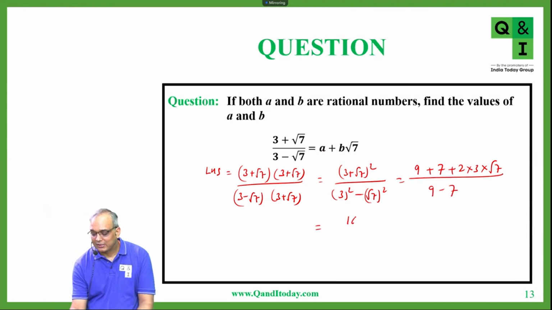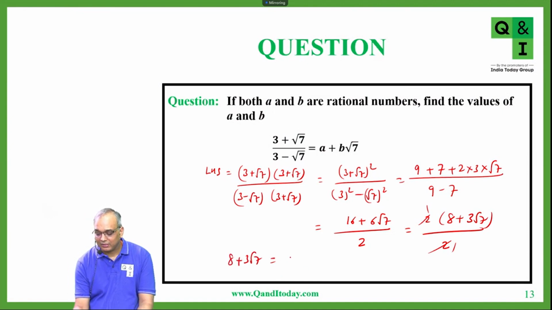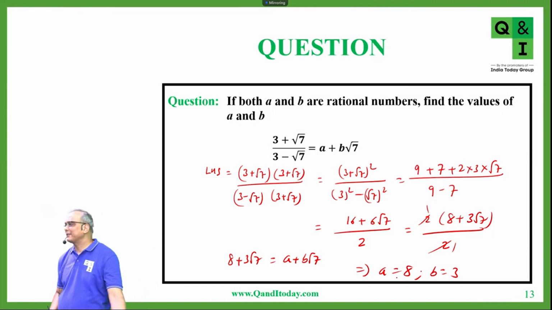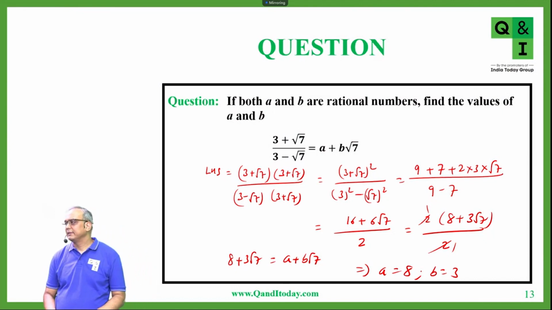So this is 16 plus 6 root 7 by 2. Take 2 as common, you will have 8 plus 3 root 7 over 2, and this gets cancelled. Now equate this 8 plus 3 root 7 to a plus b root 7, and you will get a is equal to 8 and b is equal to 3. Yes, correct, Arush and Rudra. The value of a is 8 and the value of b is 3. Is it clear?